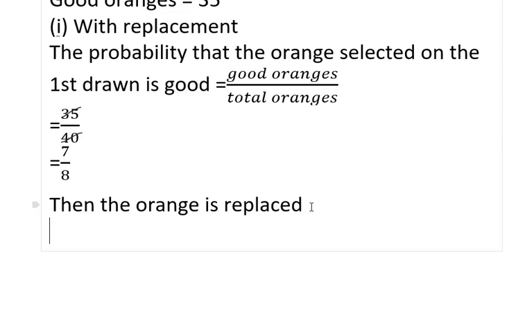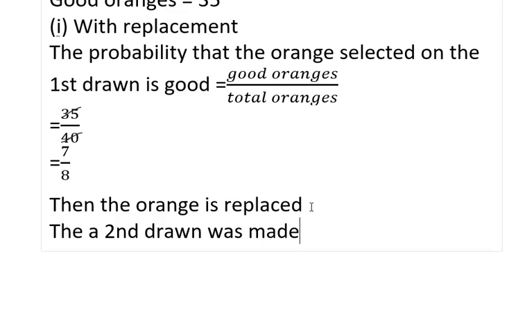So the second draw was made. So the probability that the orange selected on the second draw now, because after the first draw was made, we got the probability, but we will replace it.